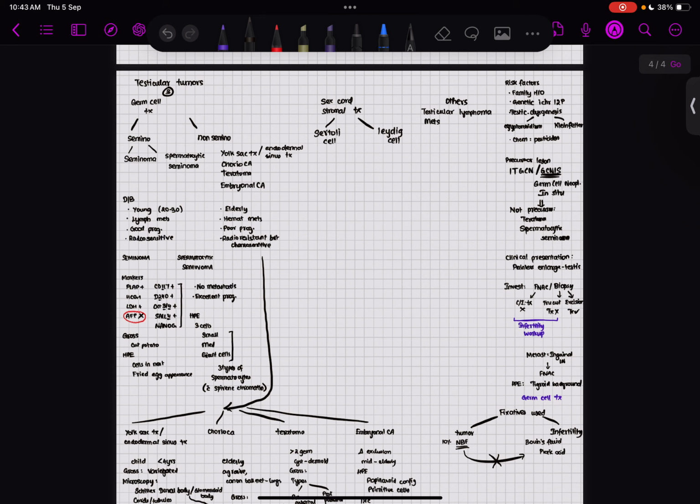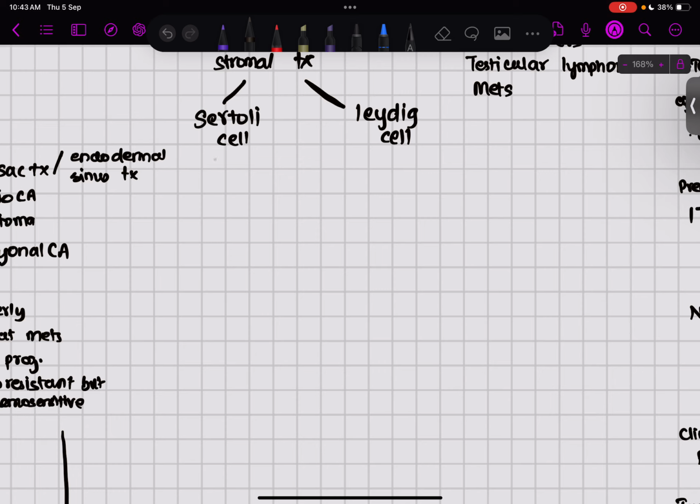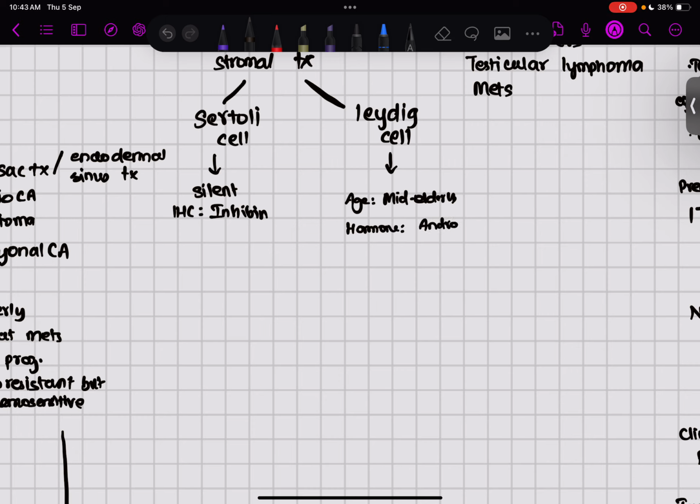Now moving on to sex cord stromal tumors, which is Sertoli cell tumor and Leydig cell tumor. Sertoli cell tumor is silent, and immunohistochemical marker is inhibin. Leydig cell tumors occur in the middle age to elderly. Hormones produced are androgen and estrogen.